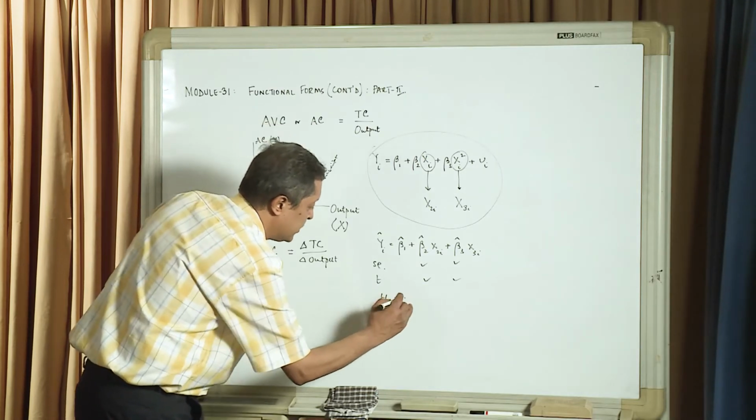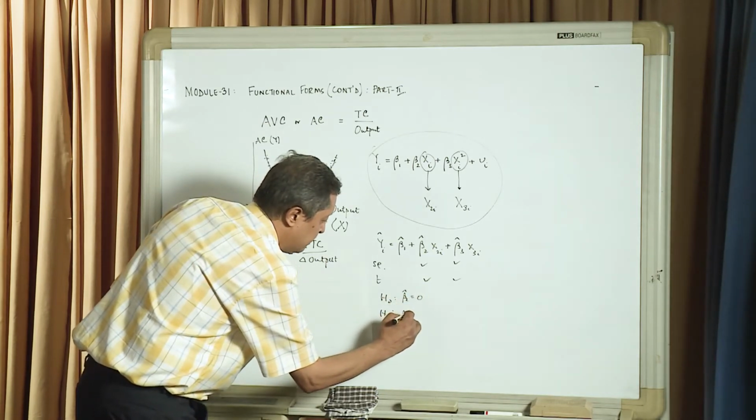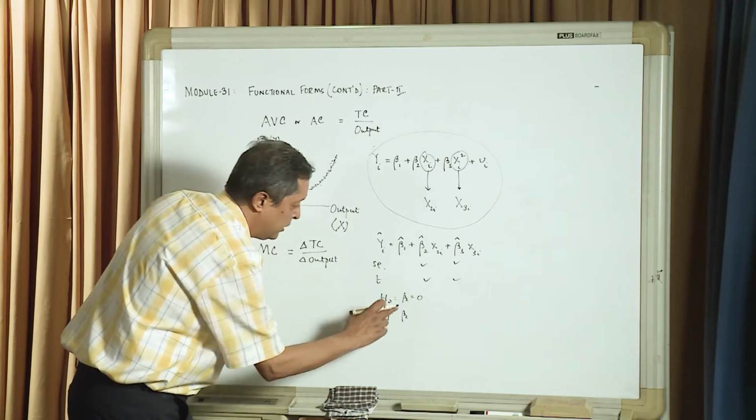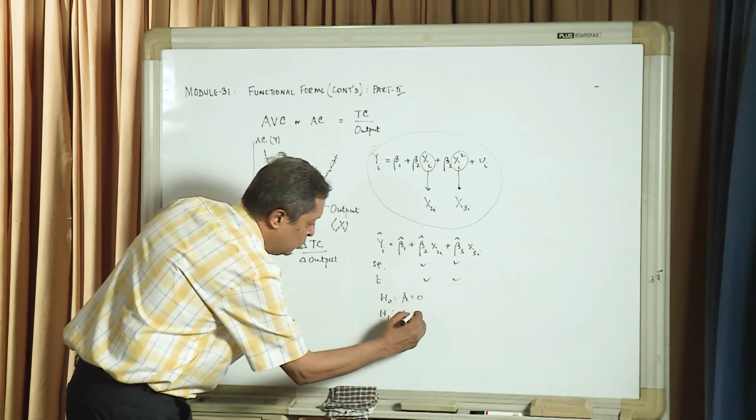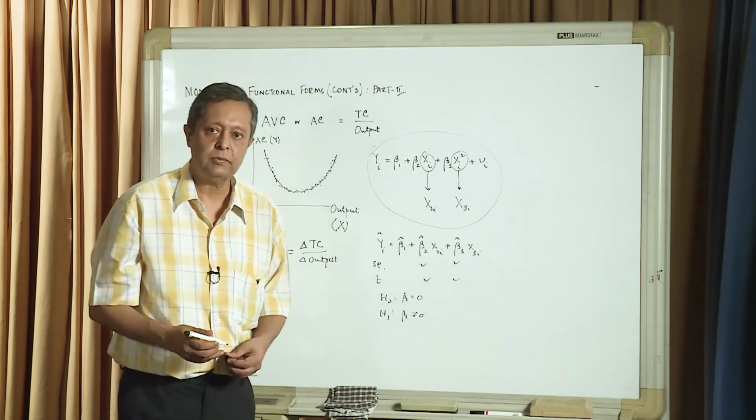Maybe this hypothesis is beta 2 equal to 0 against beta 2 not equal to 0, or some similar composite hypothesis.